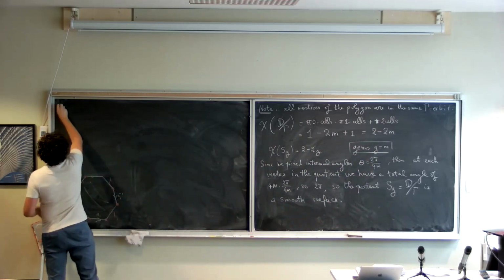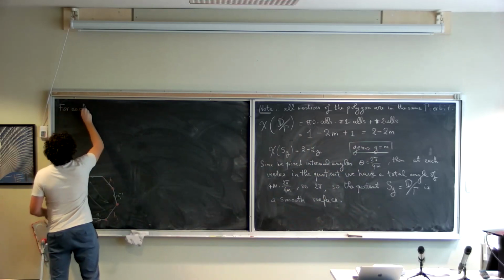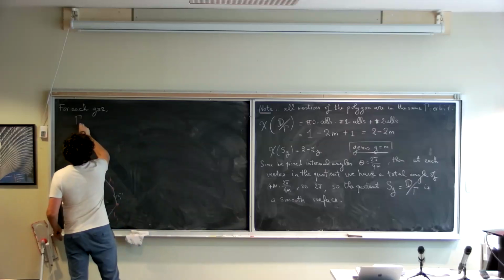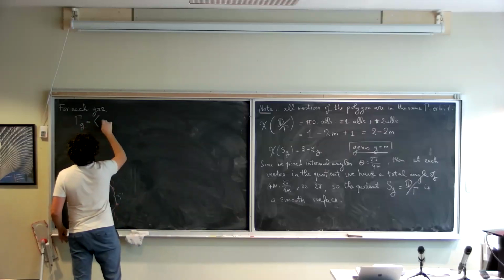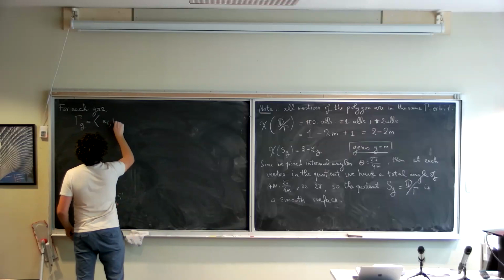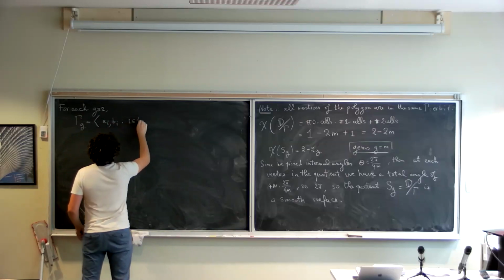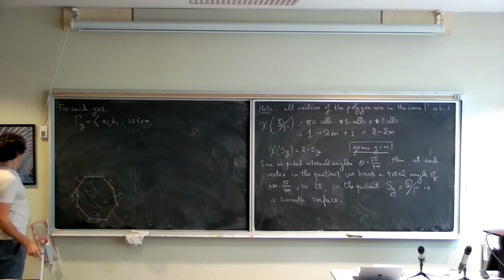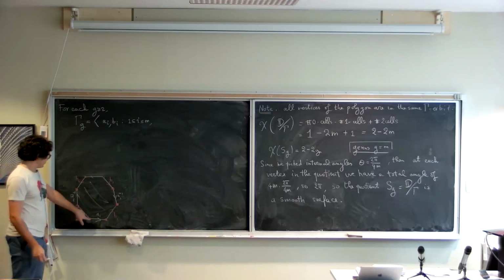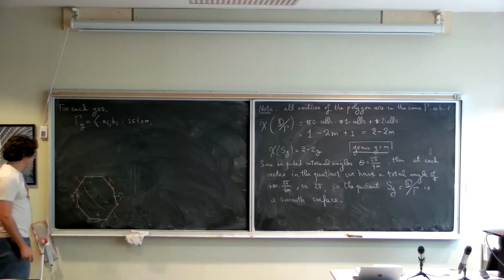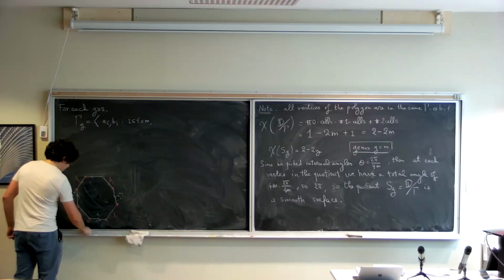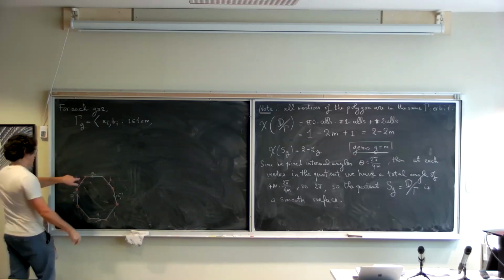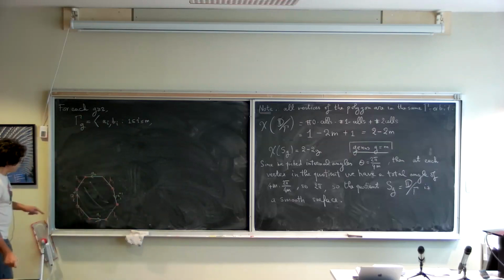So for each genus g at least 2, we know that gamma_g is the group generated by these a_i and b_i, with 1 less than or equal to i less than or equal to g. And this is not a free group: we have one identification, which is given precisely by running around the boundary of the polygon and reading the labels.